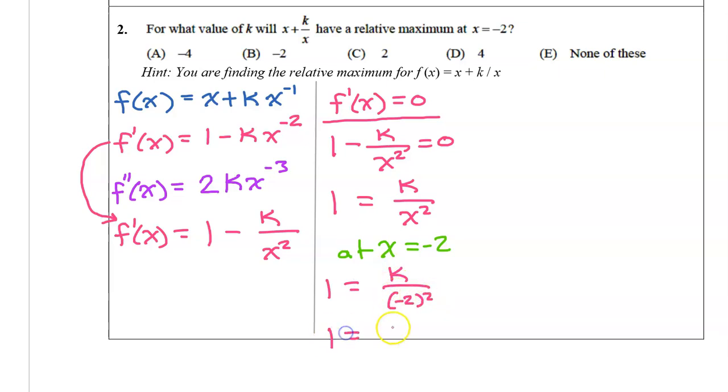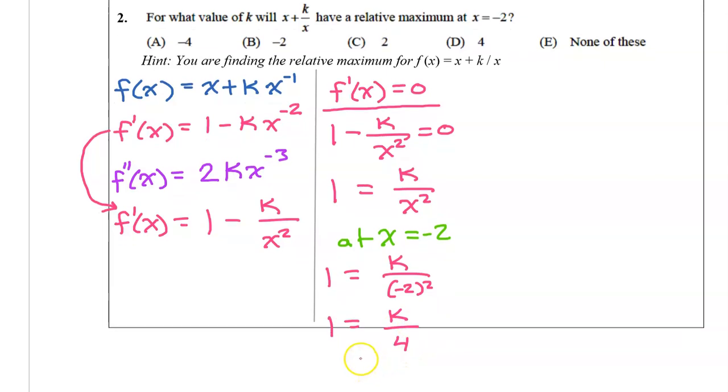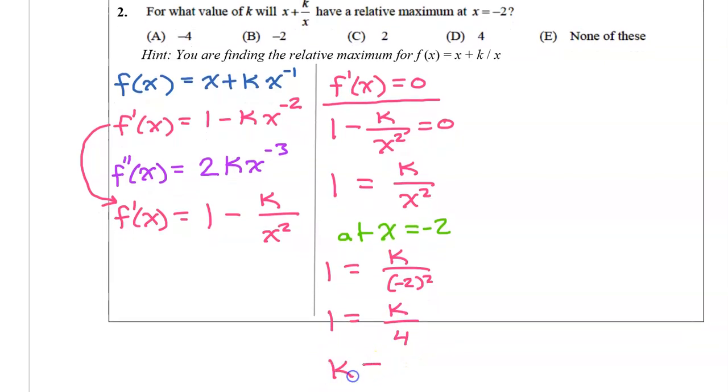So that's 1 is equal to k over 4. Multiplying both sides by 4, we get k is equal to 4. So we now know that 4 is the only value of k that will cause the first derivative to equal 0 at x equals negative 2.